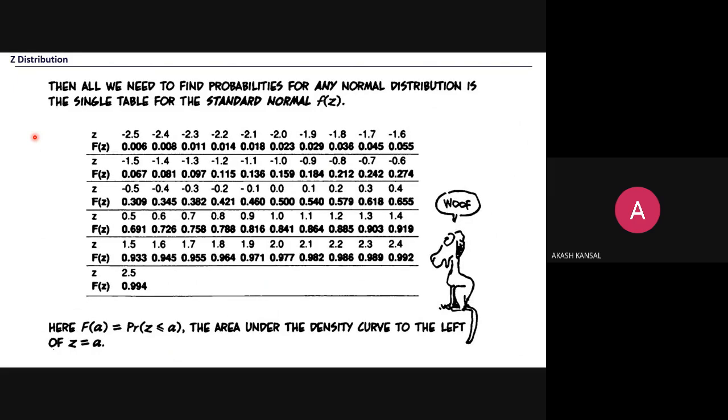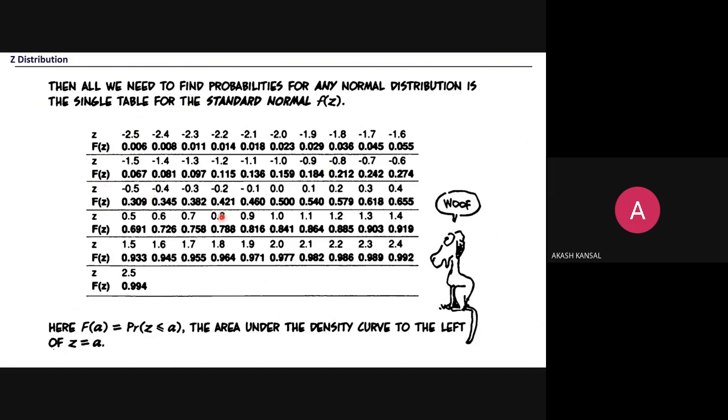Moreover, once we have done a z transformation, we can find a chart where, corresponding to different z values, we can have the probability values. This is the table which represents the various values of F(z) corresponding to z.